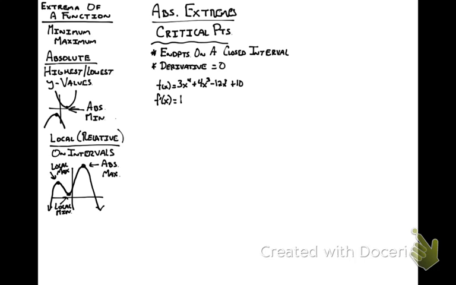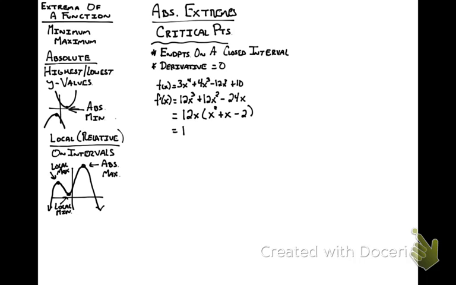And the derivative in this case is 12x cubed plus 12x squared minus 24x. And this derivative will factor, which is nice. I can pull a 12x out and be left with x squared plus x minus 2.